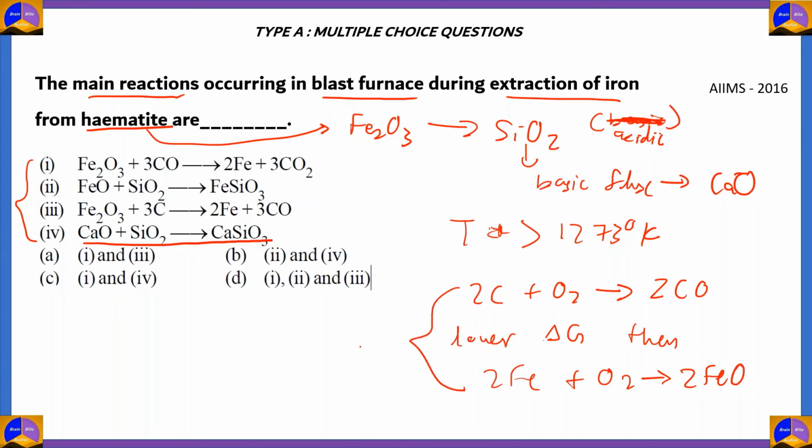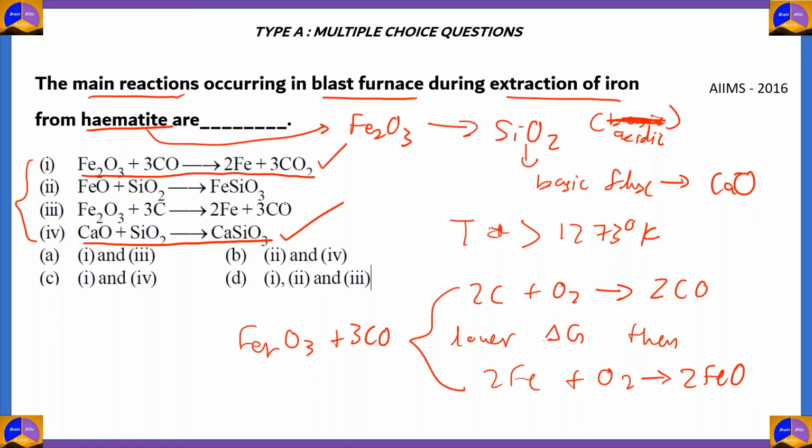So because of this condition, Fe2O3 reacts with carbon monoxide. This reaction is found in statement number 1: Fe2O3 plus 3CO gives you 2Fe plus 3CO2. So these are the 2 reactions that occur, reaction 1 and reaction 4.